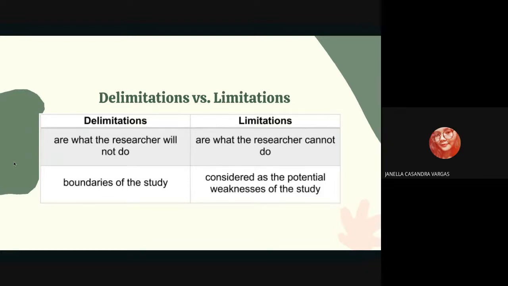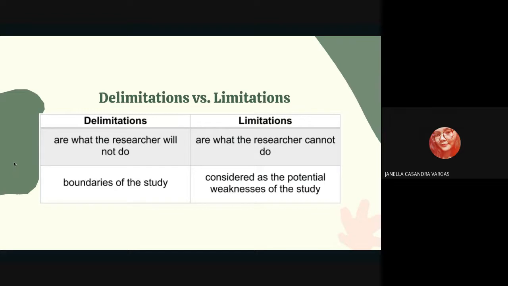So, pardon me because this is the only way I know how to discuss it clearly to you guys. When we talk about the delimitation, these are the things or the elements that the researcher will not do because they already had set boundaries based on their scope. While the limitation, these are the elements, naman, that you as the researcher of your own study cannot do because these are the things that are outside of your control.